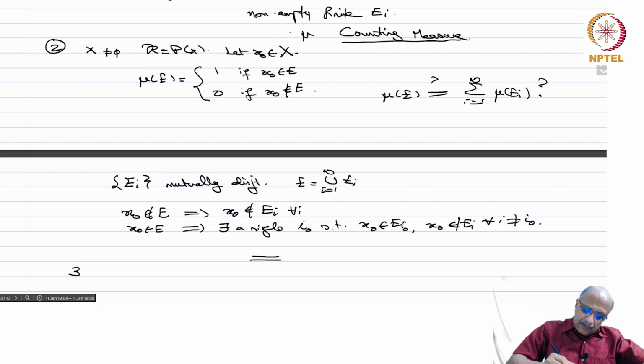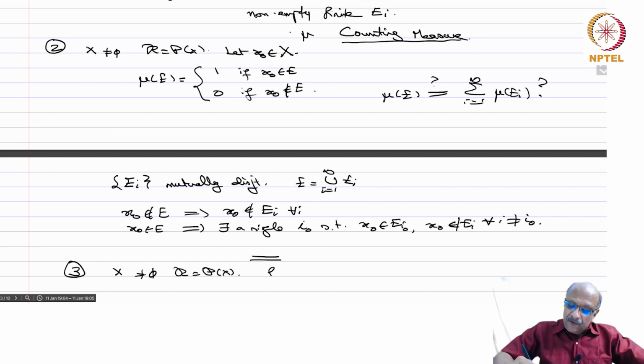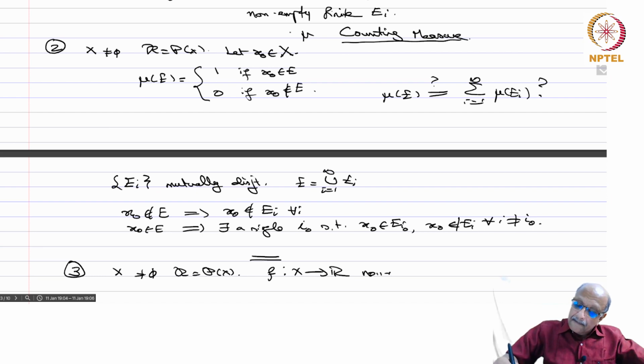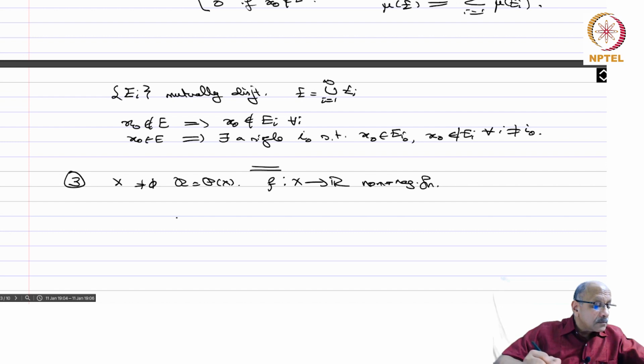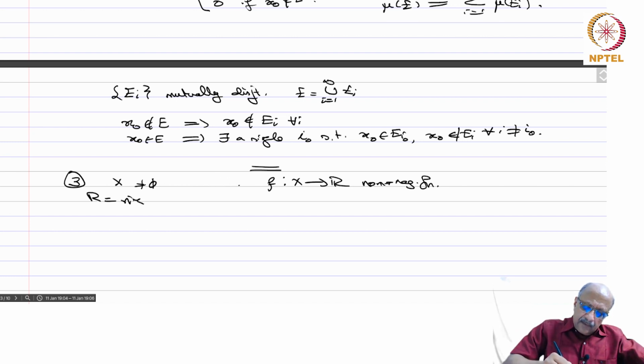Okay, so this is the second example. The third example is something like the first example again. So X is again any non-empty set, and f is a non-negative function from X to R. Let us not write power set here: R equals the ring of finite sets.